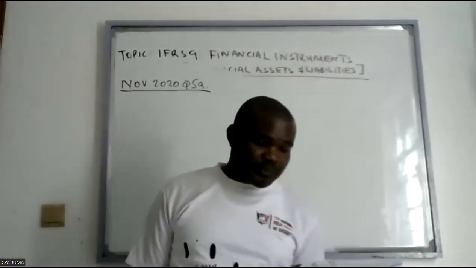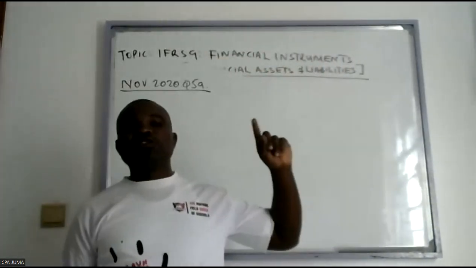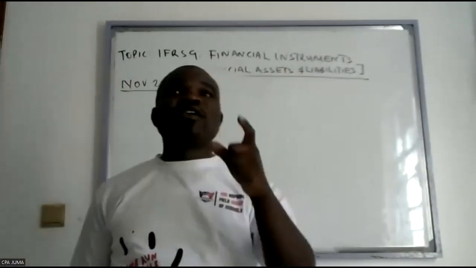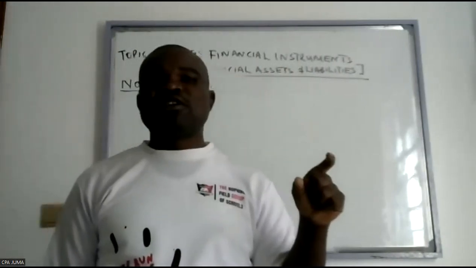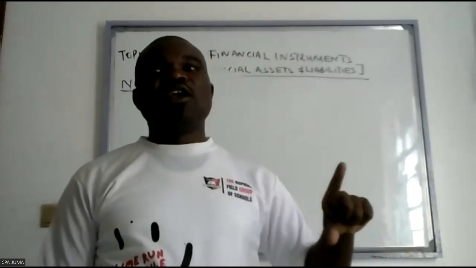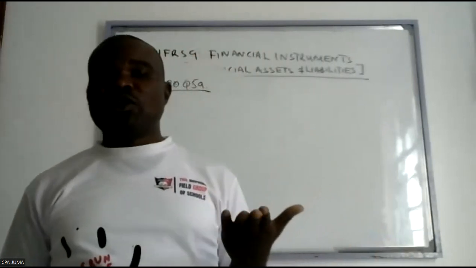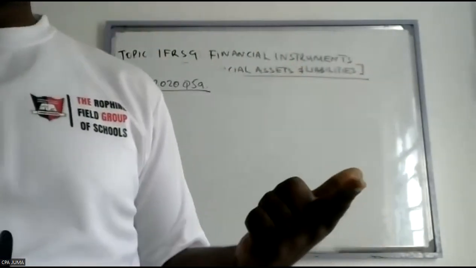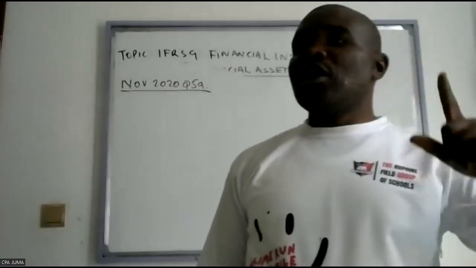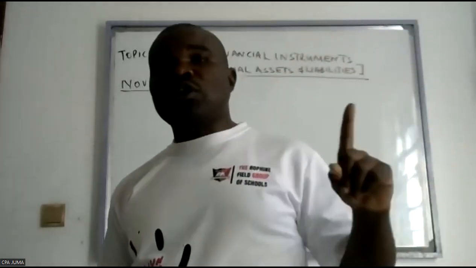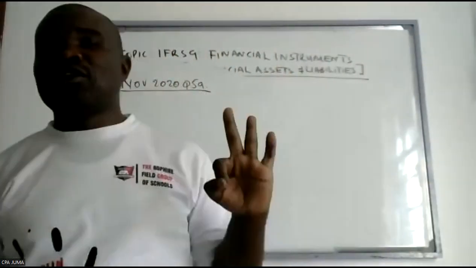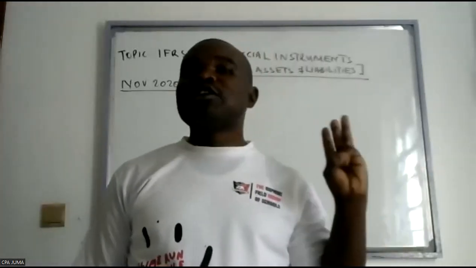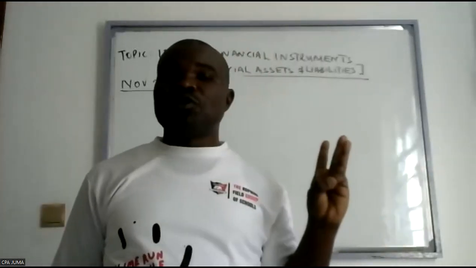That is not a joke. In financial reporting, when you see something with computations and then you hear demonstrate, discuss, illustrate, those ones there, that question is done in 3 tiers. Tier 1 is to explain. Even as you heard there, it says there was confusion.